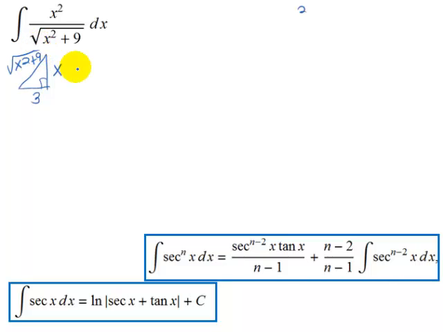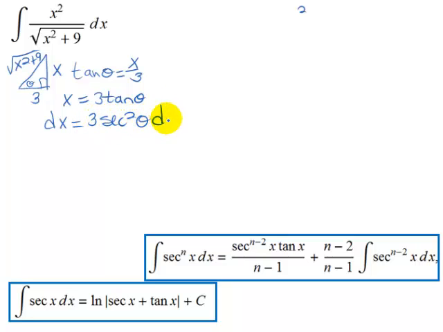So relating my two easier sides with the trig function with this angle theta here, tangent theta is going to be x over 3. So x is going to be 3 tangent theta, and dx would be 3 secant squared theta d theta.